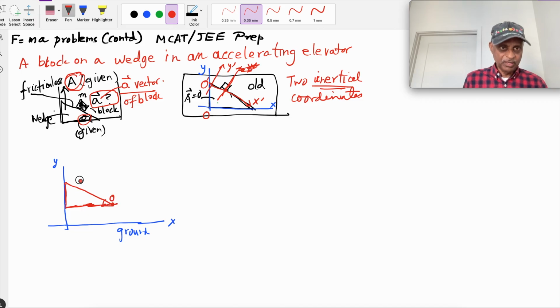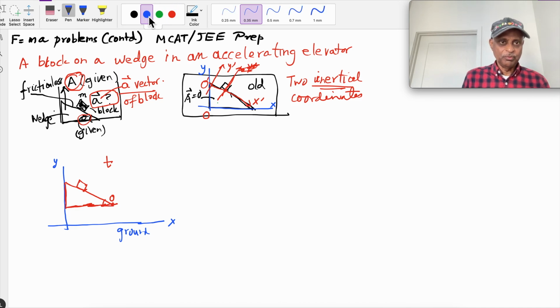The wedge will be there, and the block will be somewhere here. I want you to pay attention to what I did: I imagine what the system will be at instant t. It will have some acceleration down the incline, right? But the incline itself is going up.